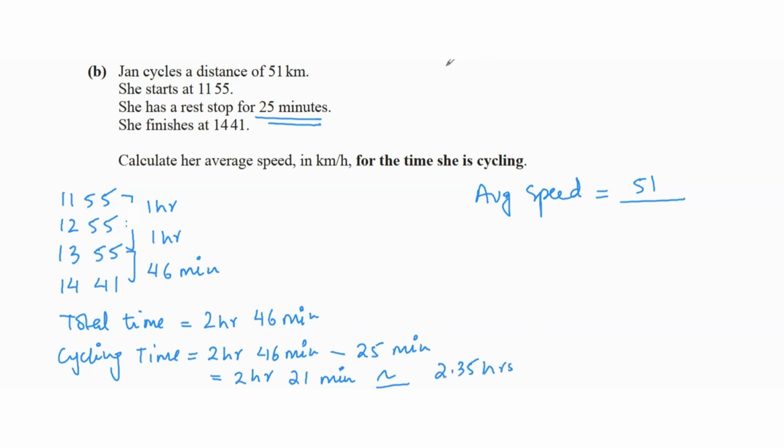In case you're confused, we're converting minutes into hours by dividing by 60, and that's 0.35 hours. So then we add that to 2, which is 2.35. So 51 divided by 2.35, and that gives us the answer of 21.7 kilometers per hour for the time that she's cycling.